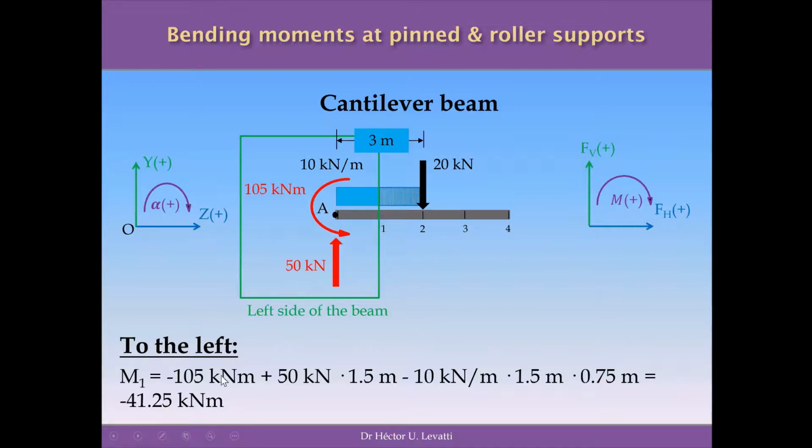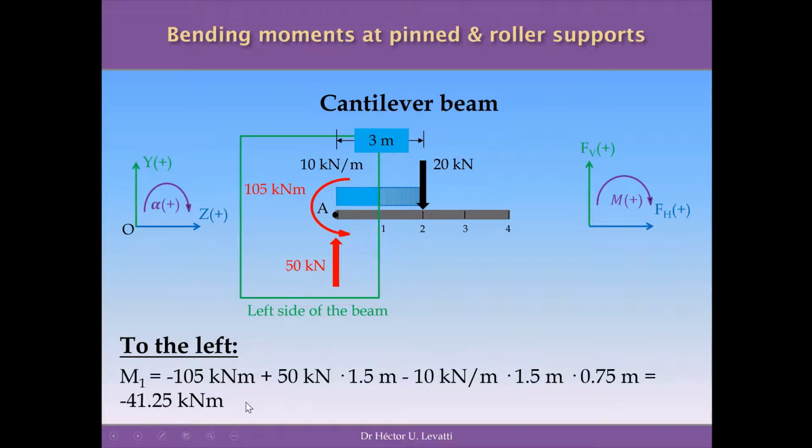And this is what we have written in terms of the moments at cross-section 1 to the left side of the structure. The first moment we have is minus 105 kilonewton meter, plus the moment of 50 kilonewton, which is the reaction, times 1.5 meter, the distance from here to here, and minus 10 kilonewton per meter times 1.5 meter, which is the equivalent load of the UDL, multiplied by 0.75 meter, which is the distance from the middle of the UDL to cross-section 1.